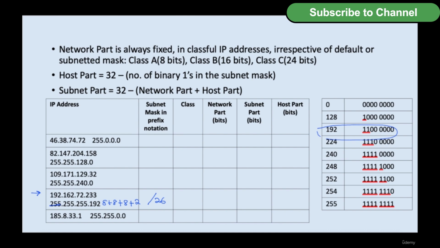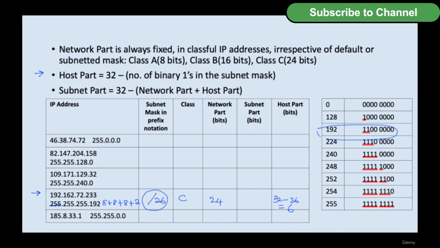Since the value of the first octet is 192, it's a class C IP address. Since it is a class C IP address, the network bits are 24. Host part will be 32 minus, here the formula is the number of binary ones in the subnet mask, which is this value. So 32 minus 26 gave us the result 6.